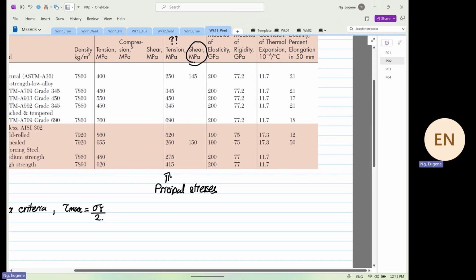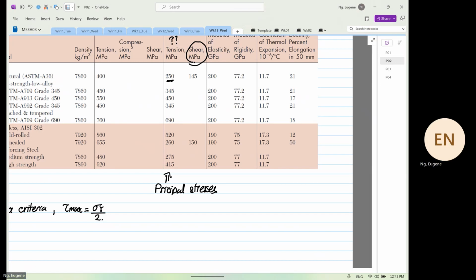So if you don't have any shear value, like over here, the first one we have 250 and then we have 145. If you don't have any experimental platform, you just take 250 divided by 2, you get what? 125 megapascal. Yes or no? If you have the money to do experiment, you get 145 megapascal. You want to pay time and money for just 20 megapascal?